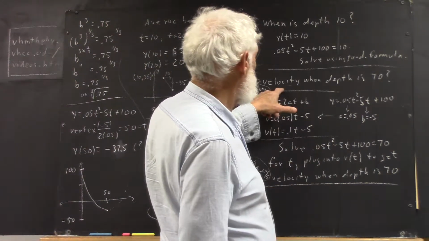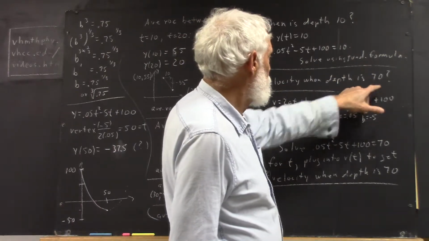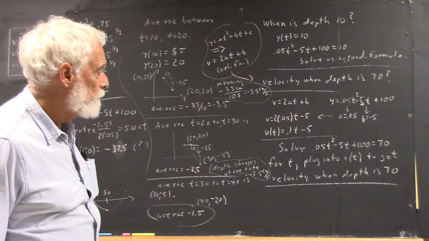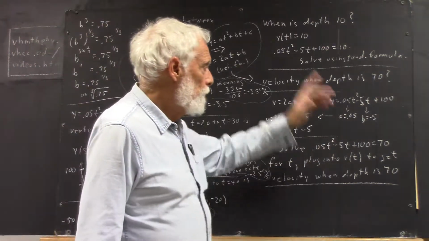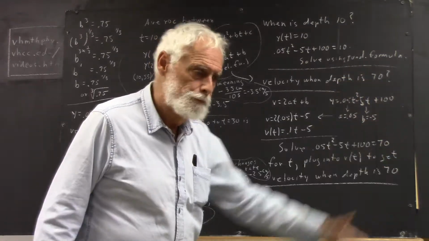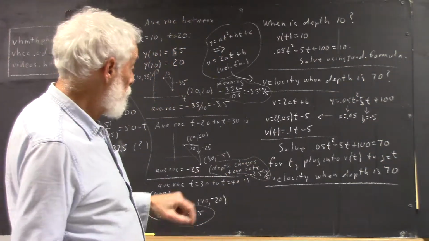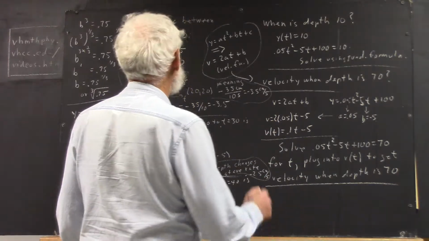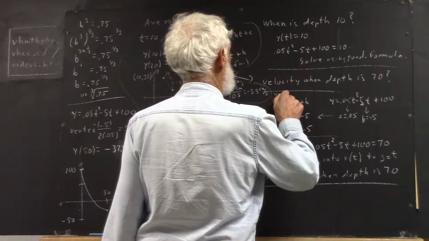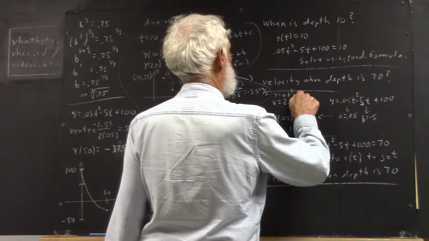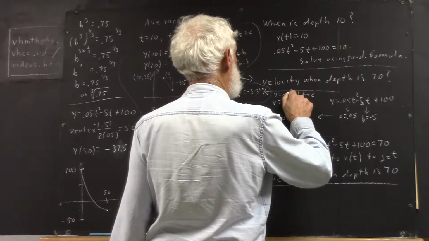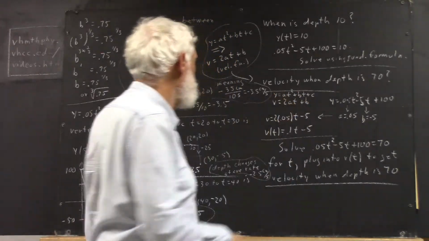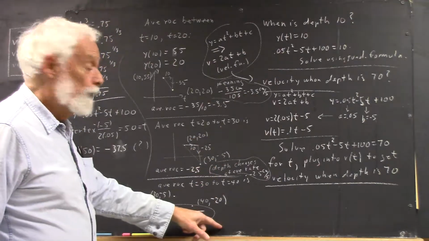Now, what's the velocity of this thing when the depth is 70? Well, we're given in the statement of the problem the velocity function for y equals at squared plus bt plus c, and we've calculated here average velocities.